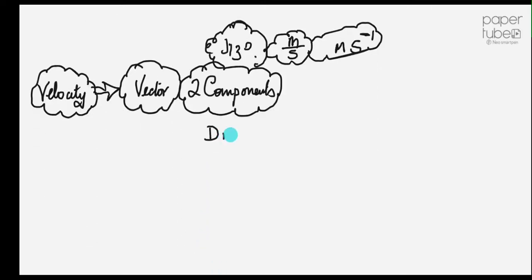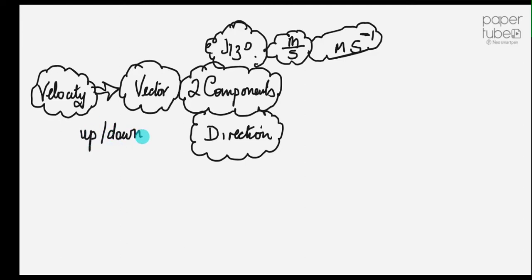Speed has no direction. And when you think of direction, we're more or less going to talk about up and down. Usually, up is taken as positive and down is taken as negative, but that doesn't mean anything. Right and left, usually, left is negative and right is positive.